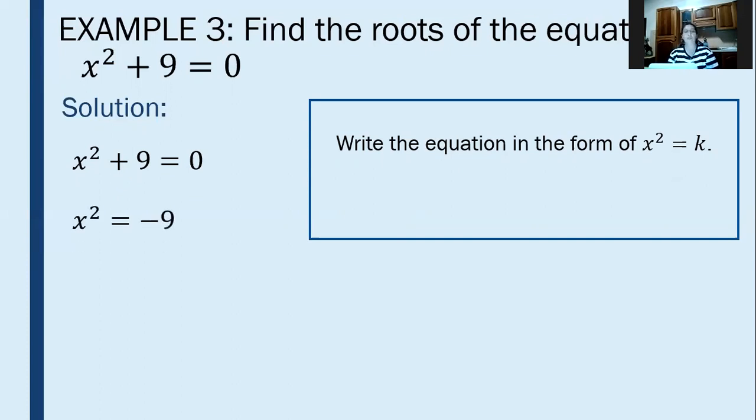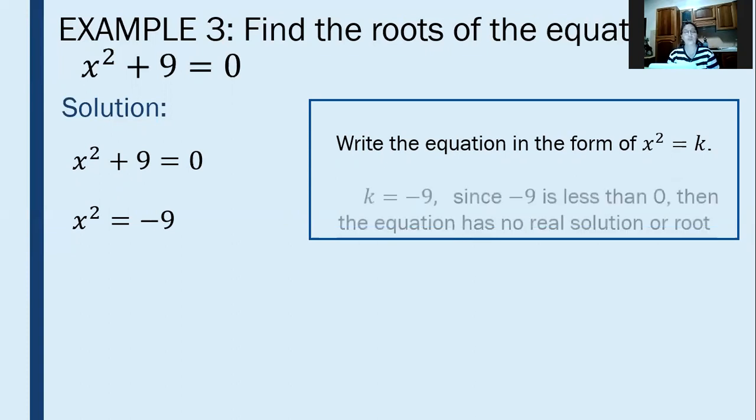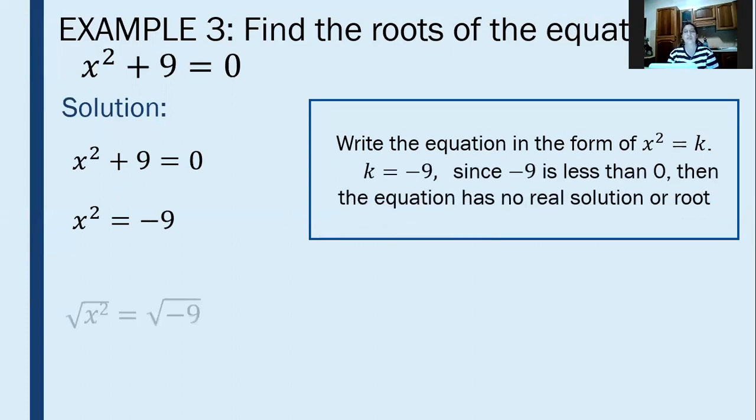X squared is equal to negative 9. Then, square both sides of the equation by extracting the square root. The square root of x squared is equal to x, and the square root of negative 9, a perfect square, cannot be negative.